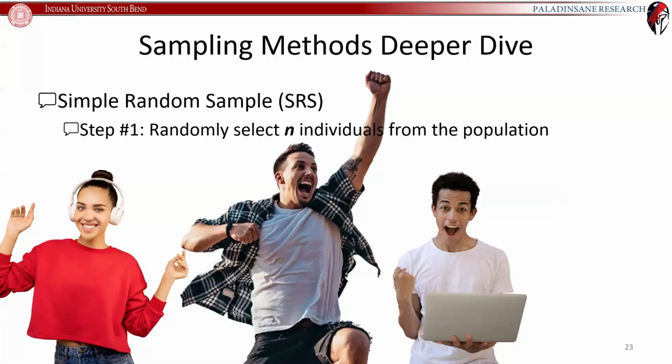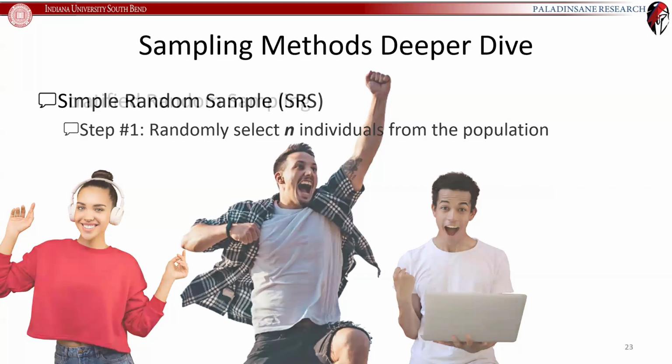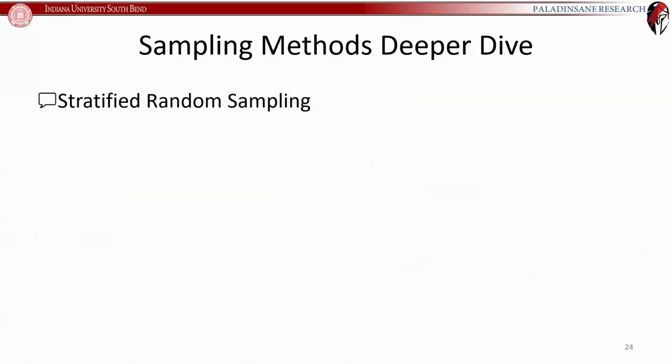What can we actually do in the real world to intelligently sample and not try to invite A-list celebrities to participate in your study? So one alternative that we have is stratified random sampling. In stratified random sampling, there are 3 steps. Step number 1 is you determine a strata.